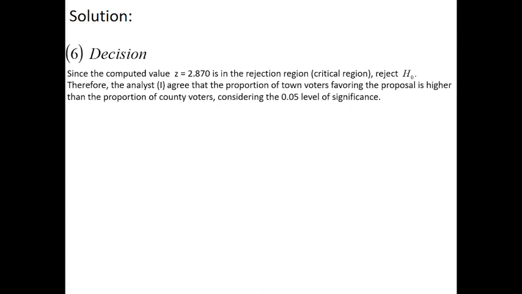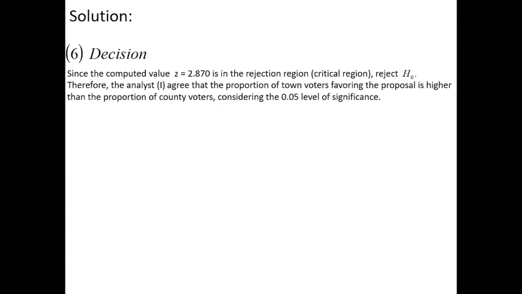So in general, based on my test, I can say that the proportion of town voters favoring the proposal is higher than the proportion of county voters. This means that in my sample, the values of the statistics P sub 1 hat and P sub 2 hat are significant.